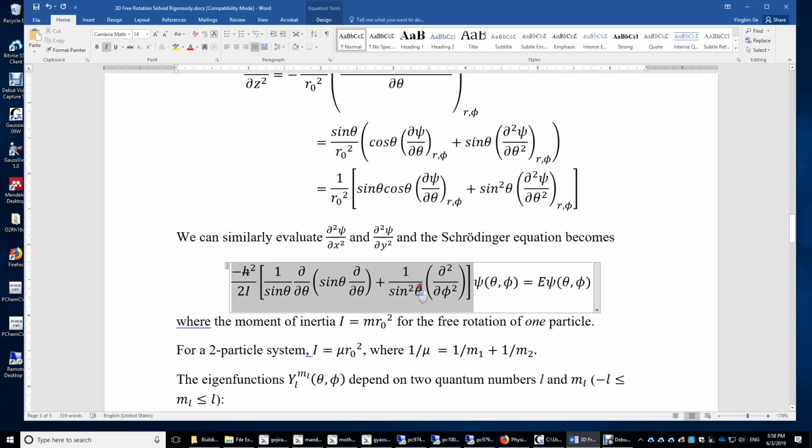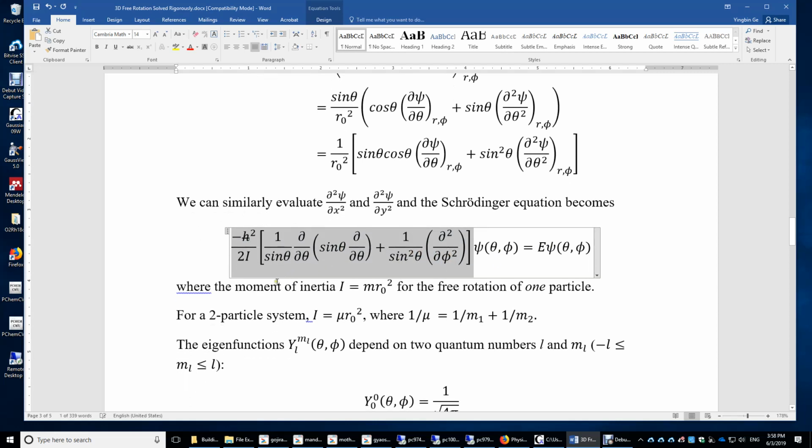We apply this whole operator to the wave function, we get E psi.